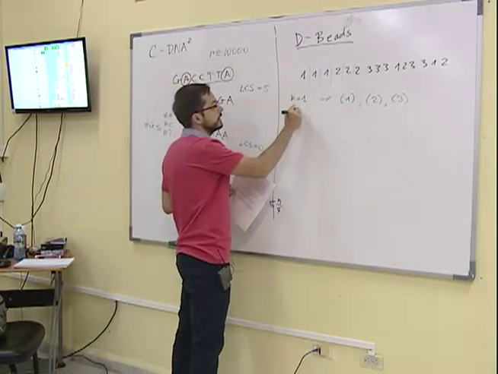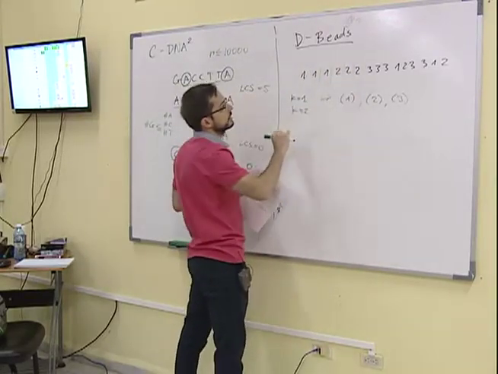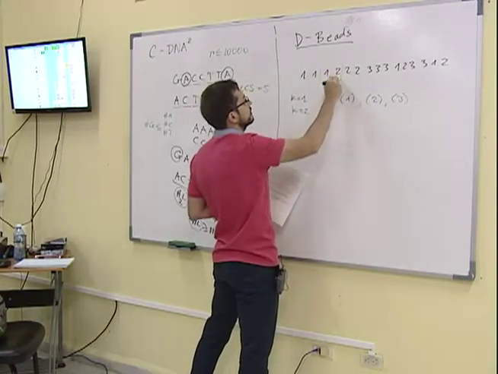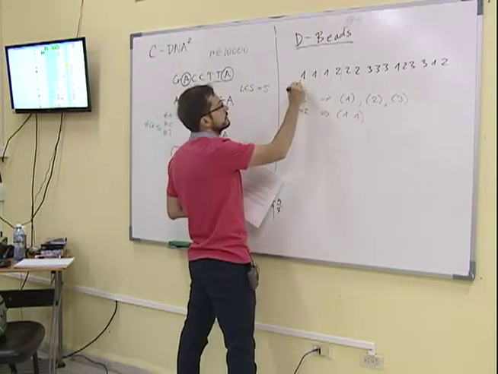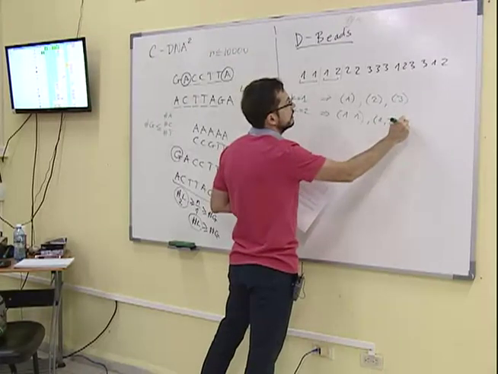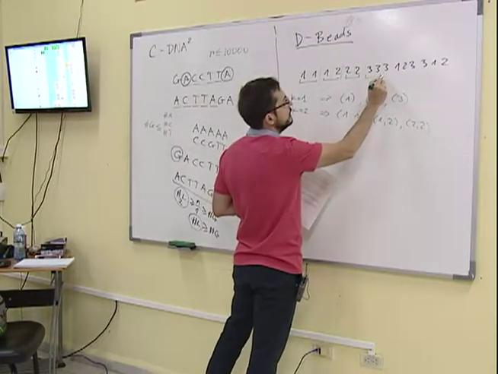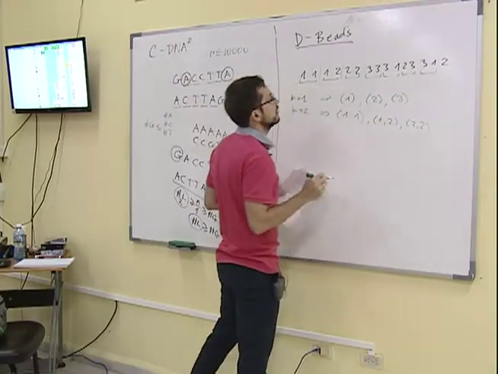But if we take longer pieces, then things will start getting interesting. So first we will get 1, 1. Okay, because this is the first one. Then we will get 1, 2, 2, 2. We'll get also 3, 3, 3, 1, 2, 3, 3, 1, and so on.